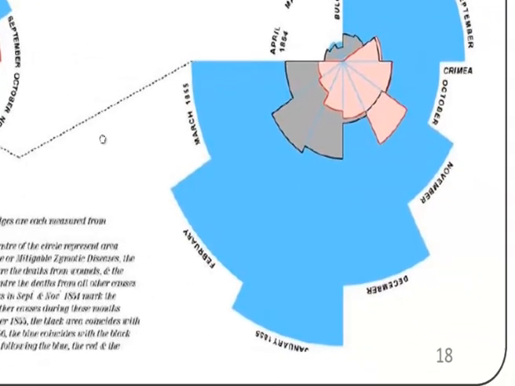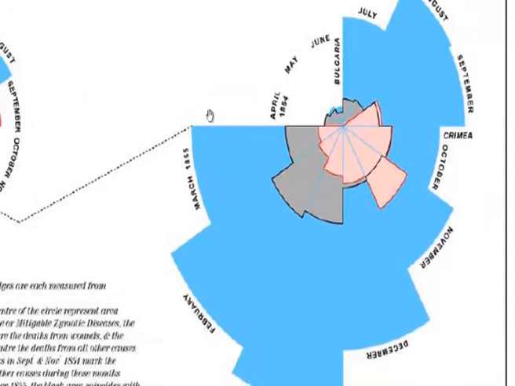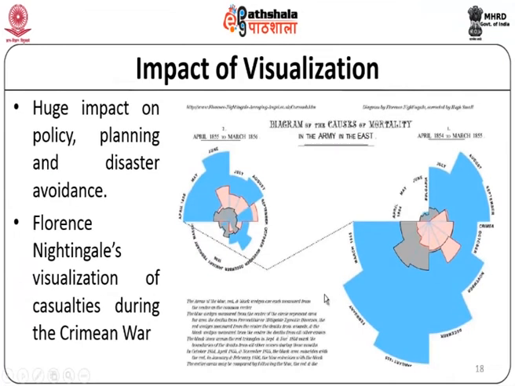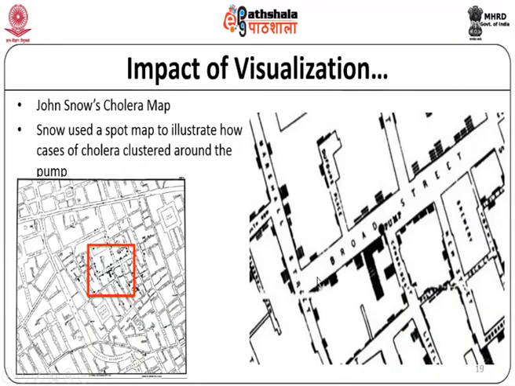So, this is called Nightingale's chart highlighting casualties in the Crimean War. Now when you take a look at this, you can get to know the impact of a war during a specific time zone based on the casualties, and accordingly we can get good insight into the given event in history.